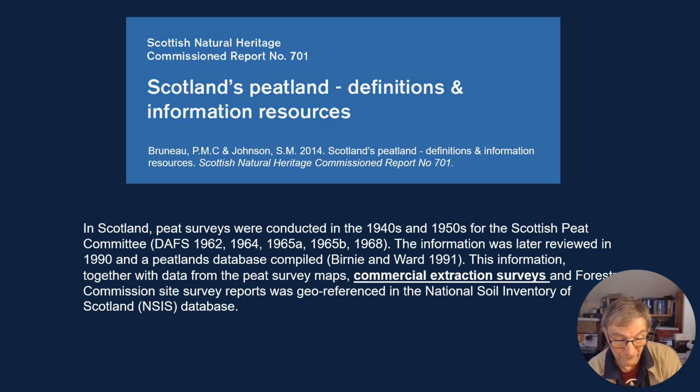Peat less than 50 centimetres deep was deemed unsuitable for this purpose, so the definition of peat in Scotland came to be applied only to those areas considered exploitable, i.e. greater than 50 centimetres deep.